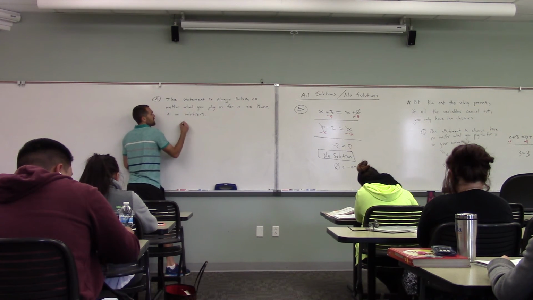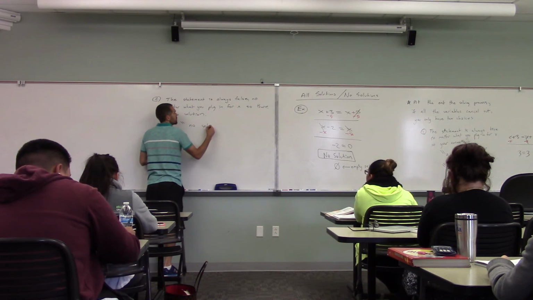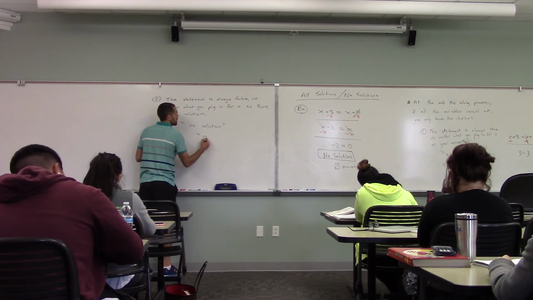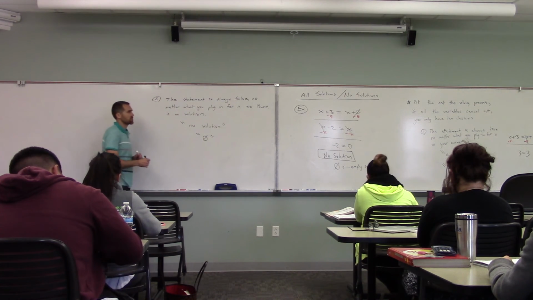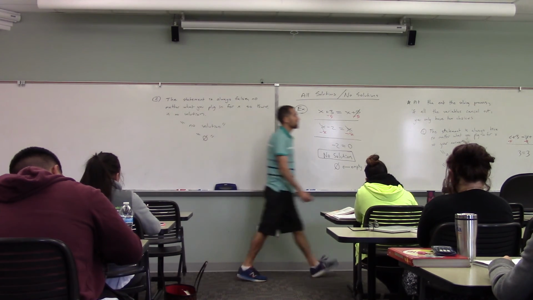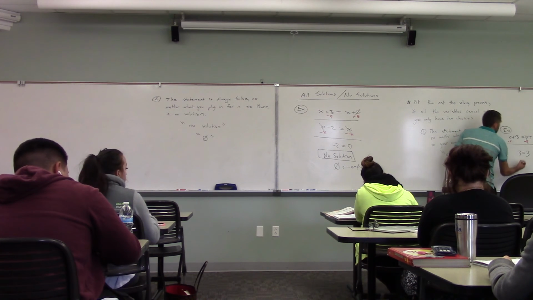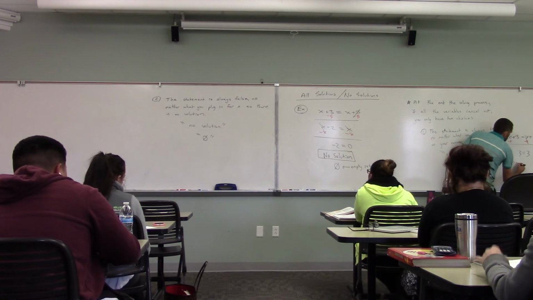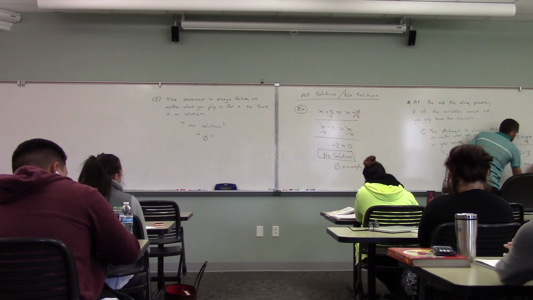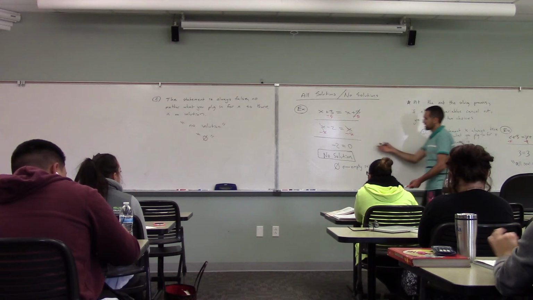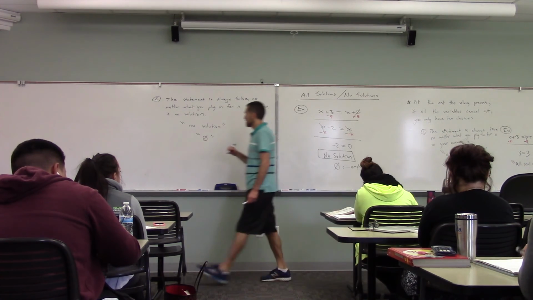And what you would write is either no solution, or you would write a slash through it, right? And so I gave you an example over here of a problem where you would write all real numbers. And I'll give you a quick example of no solution, even though that's right here is no solution.